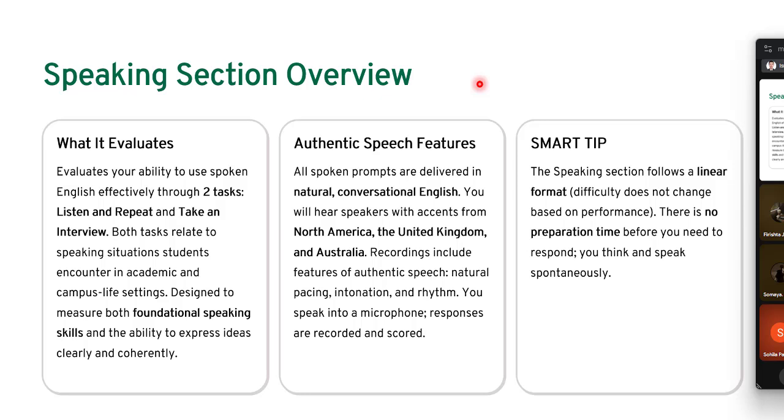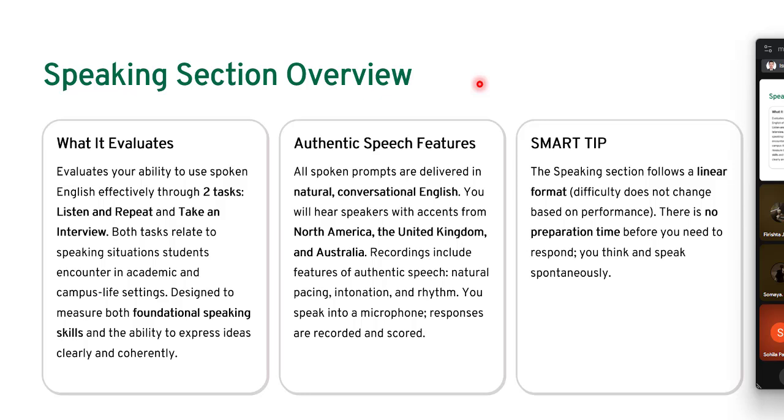The next thing is that there's no preparation time given on the test. As soon as you hear the question, you have to start speaking. While you are speaking, you have to think and brainstorm at the same time.